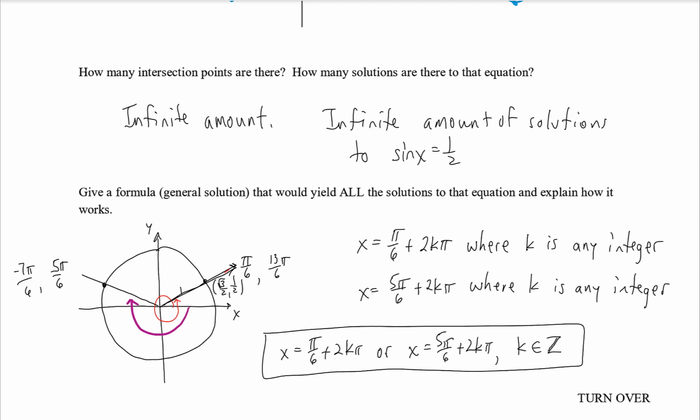There's lots of ways we could write this. We don't have to use a k either. We can use any letter we want to stand for that constant. But what's important here is there were two terminal sides on the circle that both gave me the ratio I wanted for sine. I wanted sine to be a half. And once you find those terminal sides, there's an infinite number of angles that have those terminal sides. So we have to account for all of them because all of them are answers to this equation.